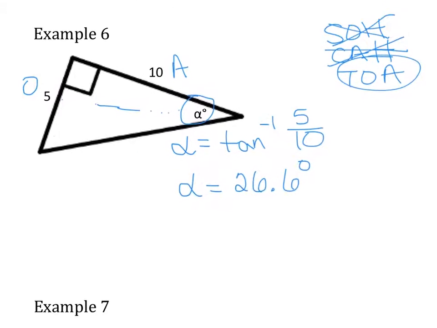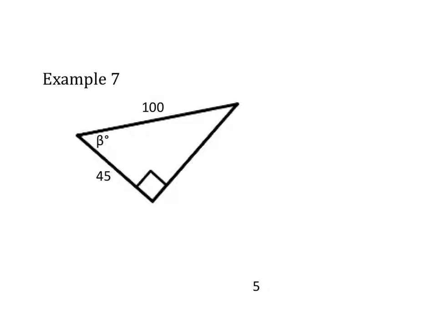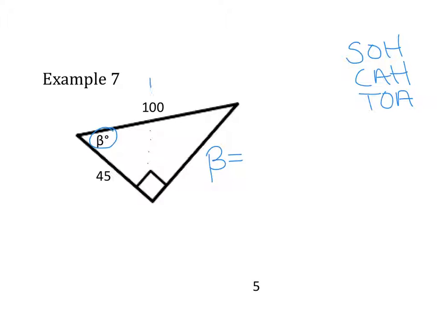Let's keep going. Let's do another example. Here's example 7. First thing we do, write out SOHCAHTOA. Circle the reference angle. It's beta this time, so I know I'm doing inverse trig again. I look. They gave me the side across from the 90, so they gave me the hypotenuse. So if it doesn't have an H, I cross it out over here.